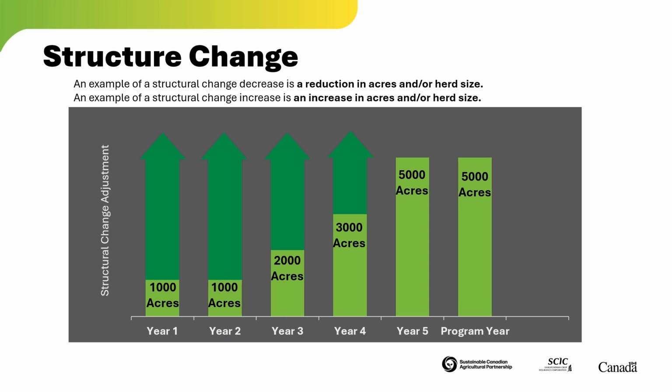So we would structure change up year 1 through to year 4 as if they had been farming 5,000 acres in those previous years. And the reverse too, if you're decreasing your acres or decreasing your herd size, we would call that a structure change down. We would adjust that reference margin history down accordingly as well.